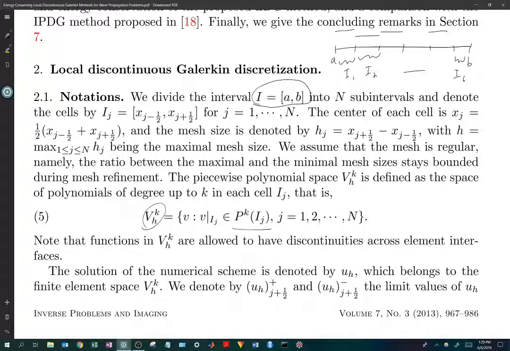Then if we want to solve for our approximation at this particular point in time, we're solving for 6 constants, and each constant is the coefficient of the basis function for each Ij. So you'd have the basis function for I1, which is just the constant function, constantly 1, and you find the coefficient.